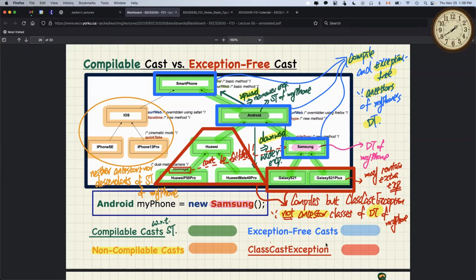For those that compile, you can subdivide them into 2 categories: those that will run into a ClassCastException, and those that wouldn't. You can study this together with the review I did about 10 minutes ago. That is a more concrete example you're familiar with.